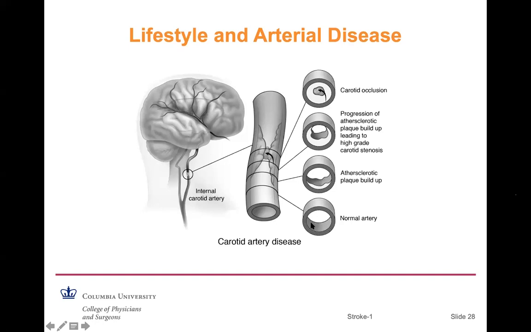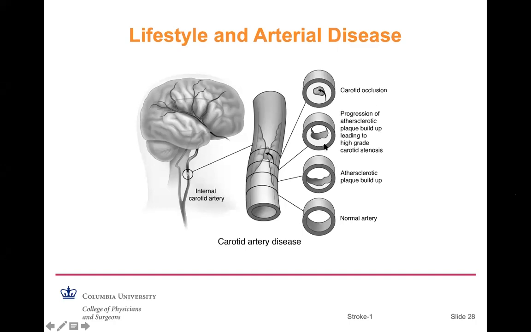When these unhealthy habits creep into your life, or an individual starts smoking or eating unhealthy foods, you start getting what we call atherosclerotic plaque buildup on the arterial wall. And the more of this unhealthy lifestyle the individual continues, the thicker this plaque buildup on the arterial wall, this junk that's building up.